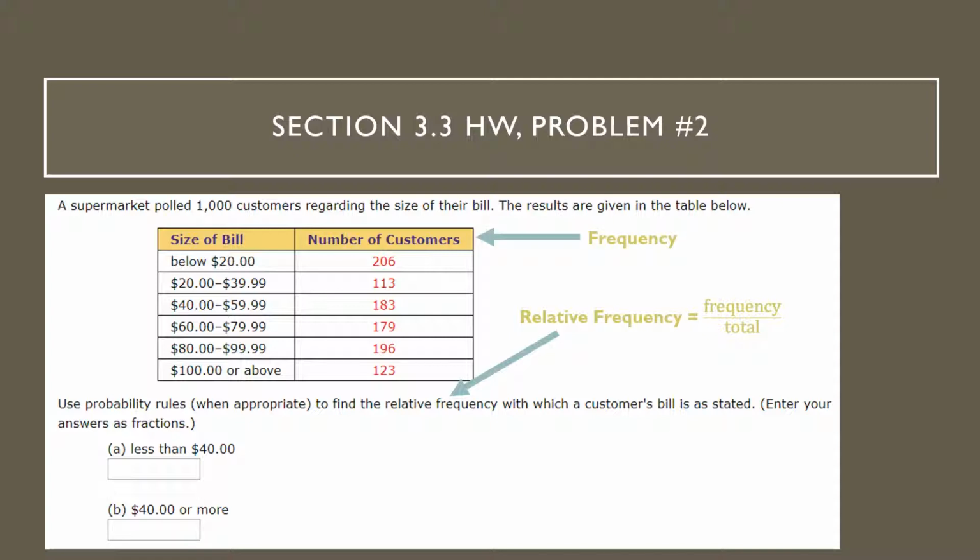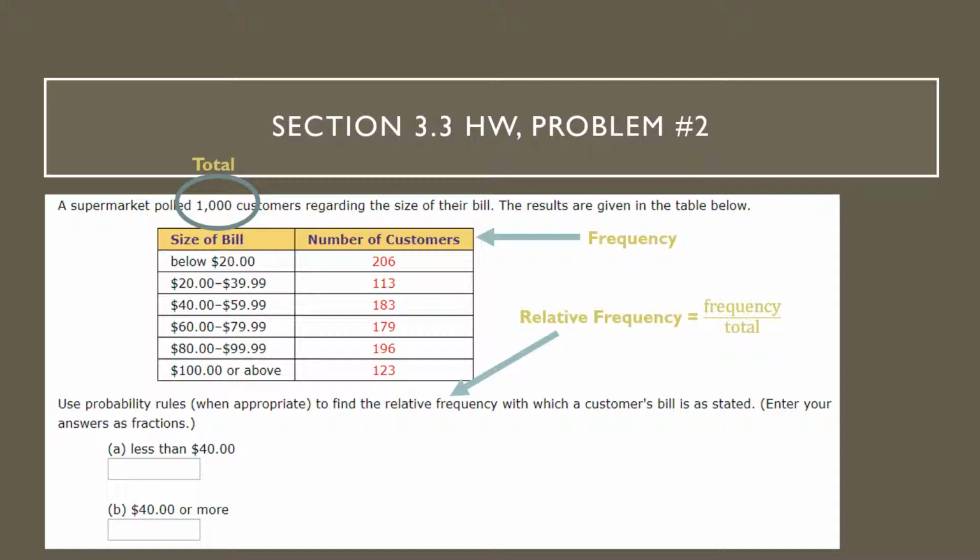So that's your number of customers. And then our total is 1,000. So there were 1,000 people that they polled. Another way that you could get the total would be to add up all the customers in that column, but it's easier since they just tell us that it's 1,000. If you want to add those all up and confirm that it's 1,000, you can.